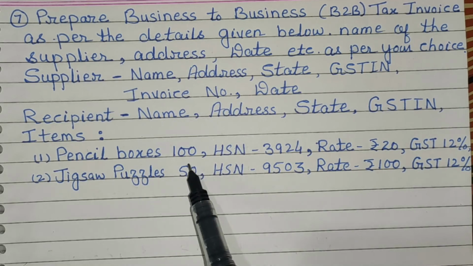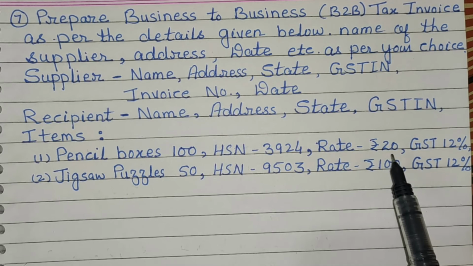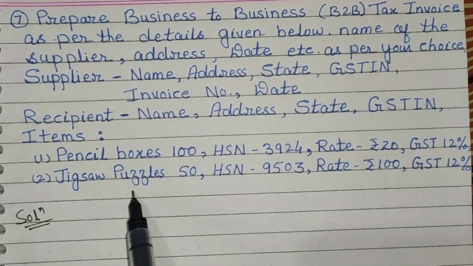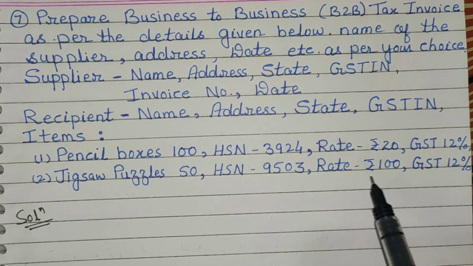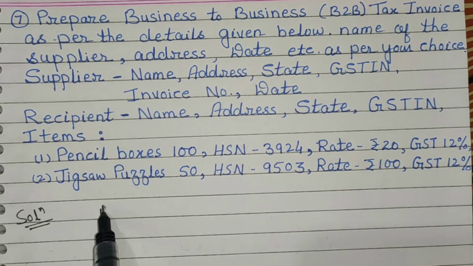Pencil boxes 100, HSN 3924, rate is given rupees 20, GST 12%. And second one is jigsaw puzzles 50, HSN 9503, rate rupees 100 and GST is also 12%.